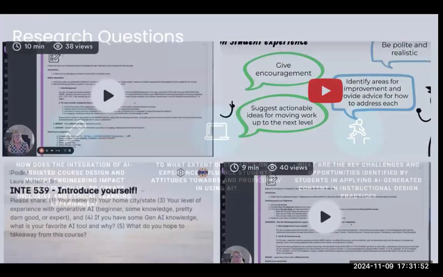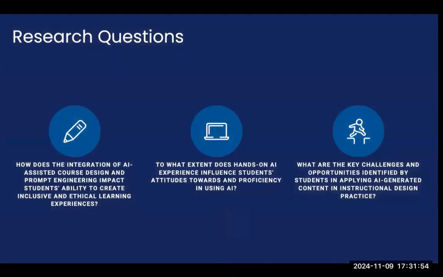So since this is actually a new initiative, we have decided to turn this into a research, and our research focuses on three primary questions. The first one is, how does the integration of AI-assisted course design and prompt engineering impact students' ability to create inclusive and ethical learning experiences?